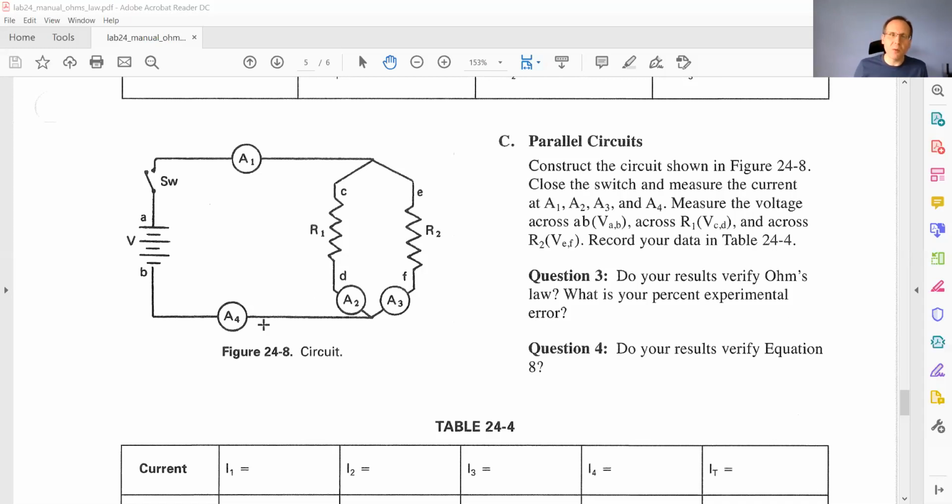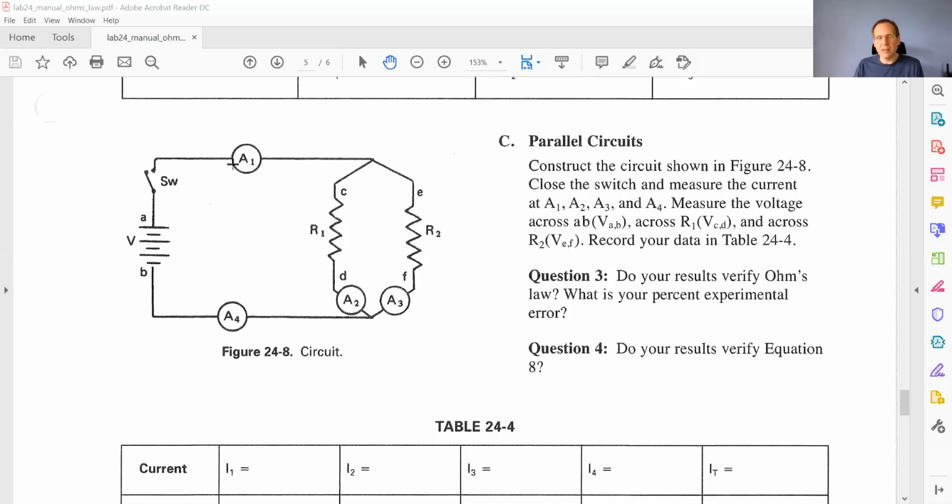I total, we always said, you can think of it as a current that's going through the battery on this part of it. So really, the measured total current is either going to be I1 or I4, represented by the ammeters A1 and A4. So either I1 or I4. We could use either of those.